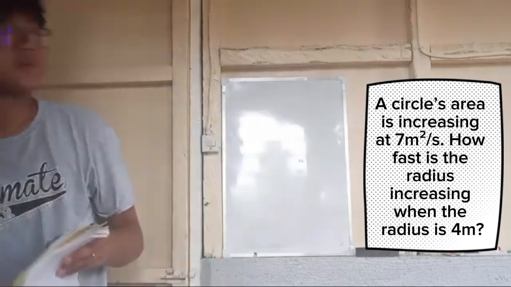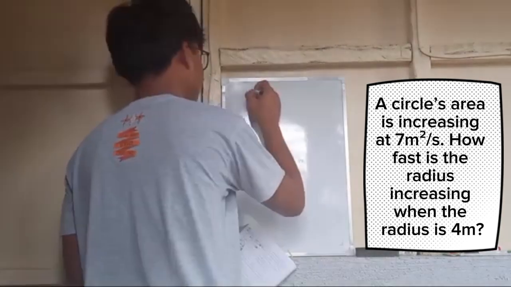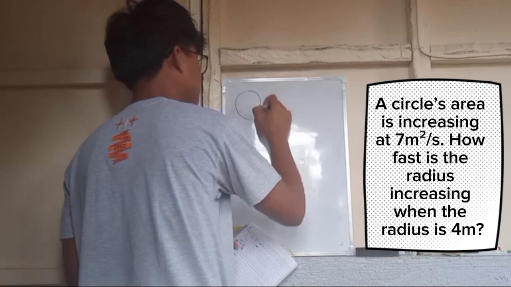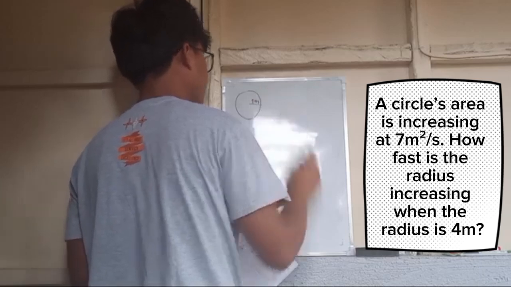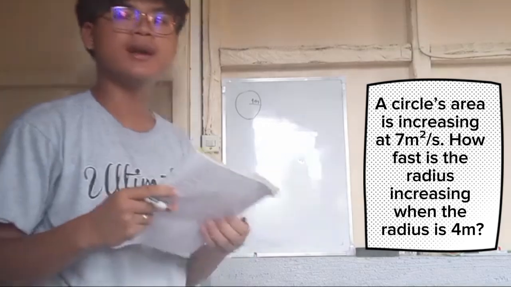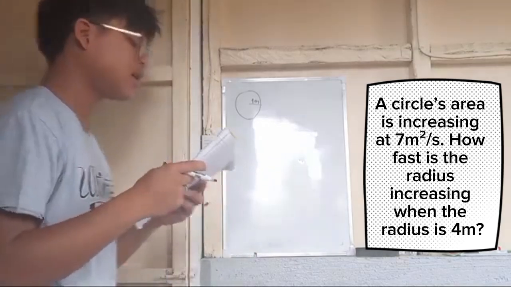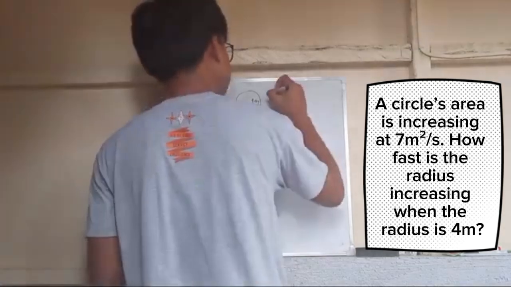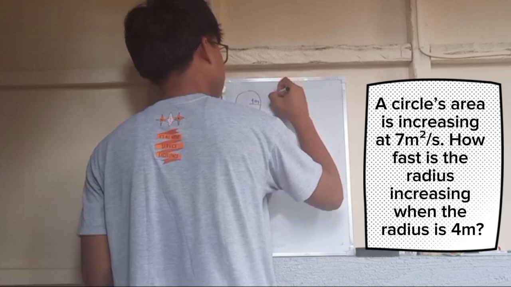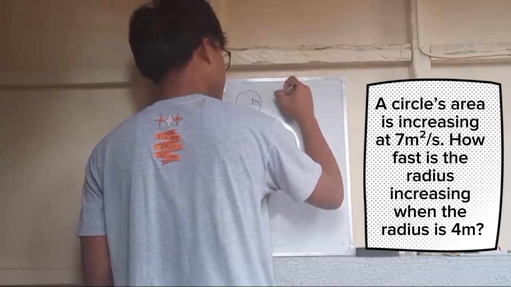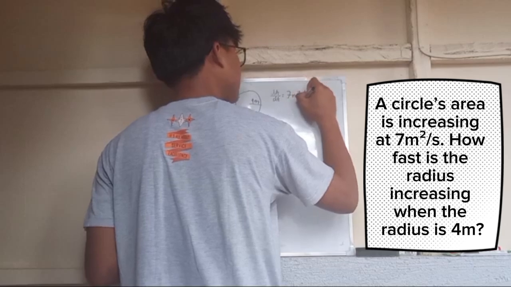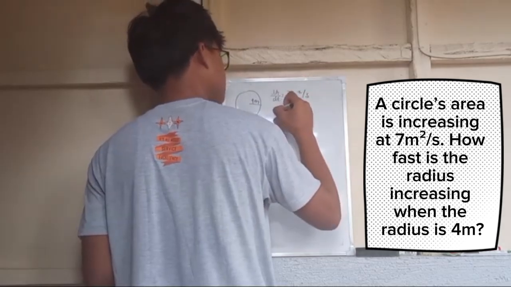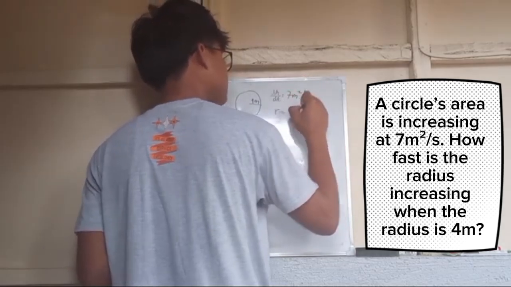So we'll draw the circle having a radius of 4 meters. Then it is stated in the problem that the rate of the area of the circle, which is the dA over dt, is equal to 7 meters squared per second. And our radius is equal to 4 meters.